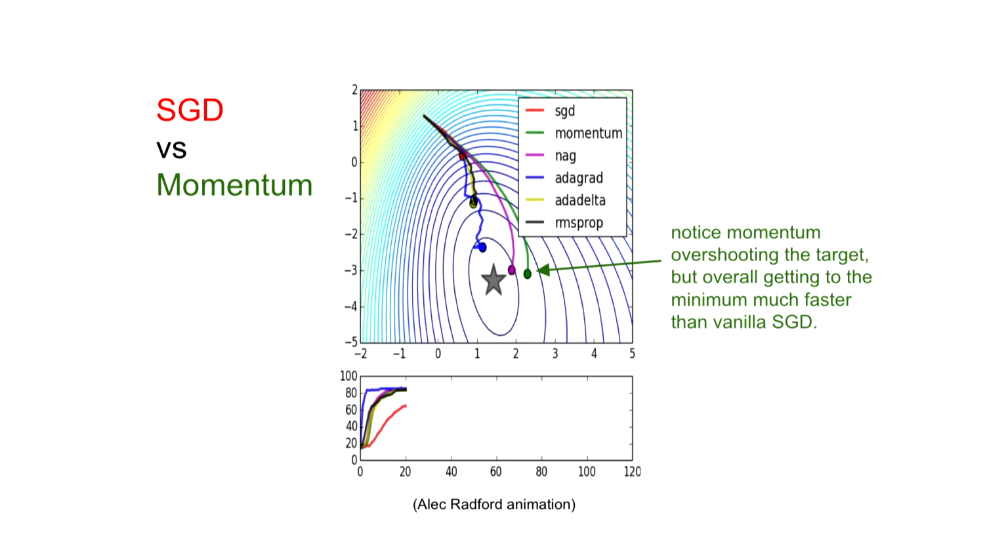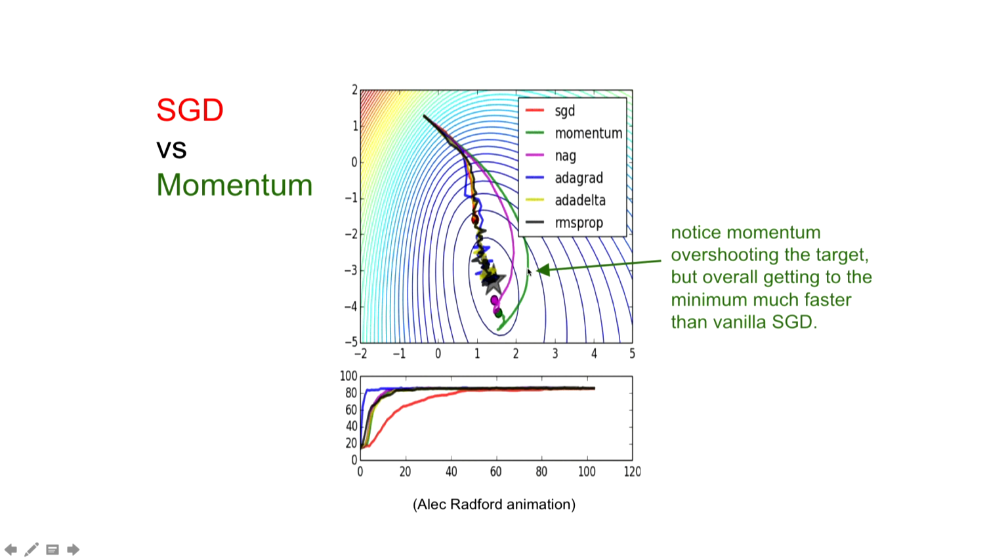All right, so now we can visualize again a comparison between SGD in red, and momentum in green. You can see momentum plus viscosity is overshooting because it's accumulating gradients from the past. Whereas with SGD, once you get to this position here, the gradients are now pointing across.